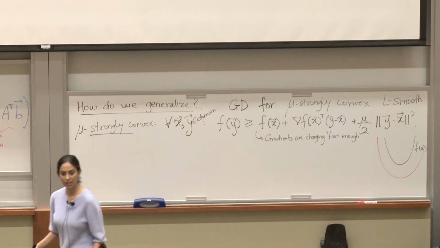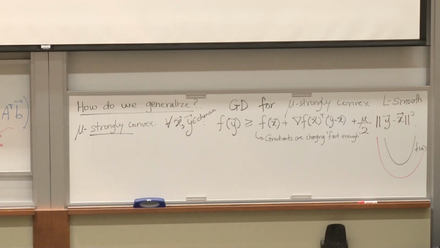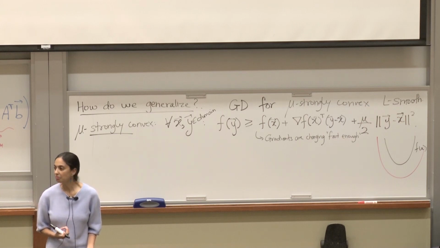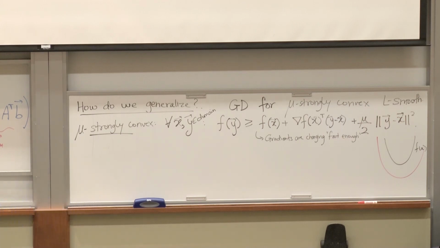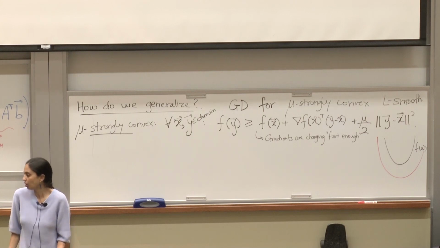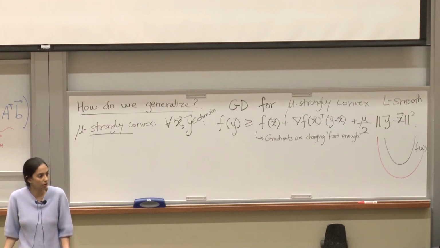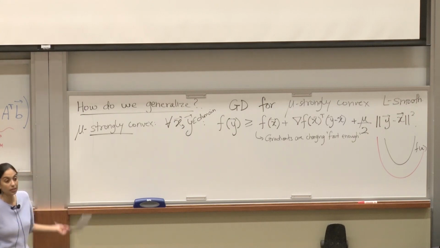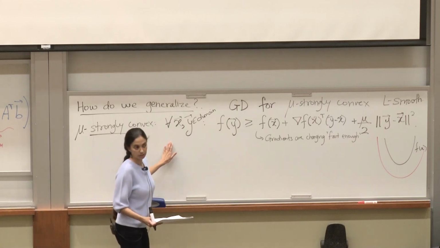I want to take steps with gradient descent that will come close to it. But if I have gradients that are tiny and not changing very much at all, how am I ever going to get here? If every gradient step gives only very small nudges, it's not going to be useful. So to prove convergence, you need some guarantee that your gradients are doing the right thing. And that's what this is going to give us.